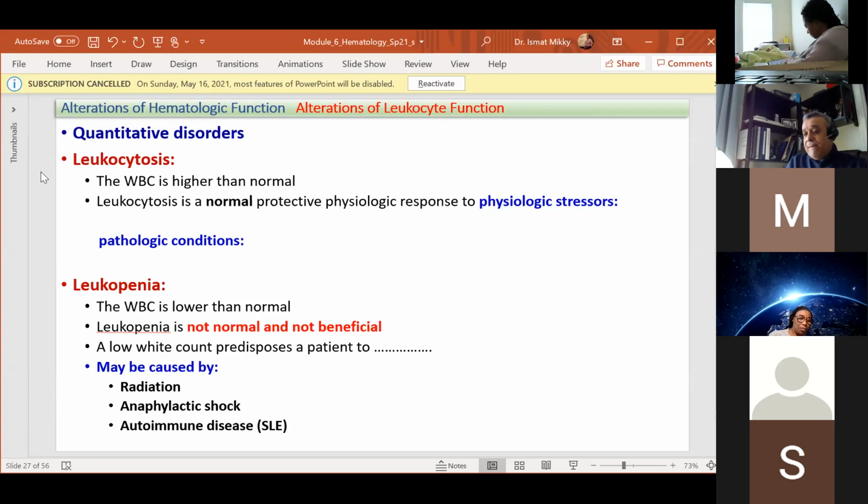Leukocytosis is the normal protective physiologic response to physiologic stressors. An example of that is invasion of microorganisms.